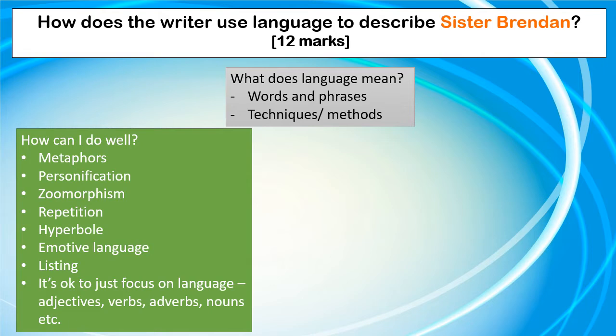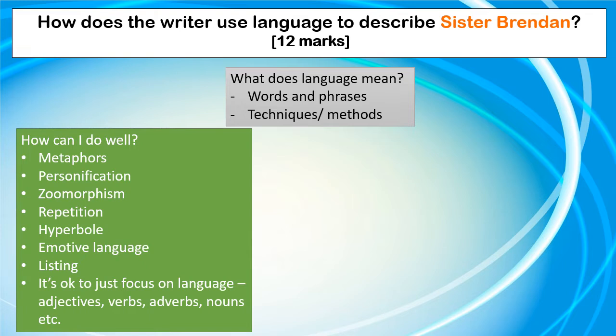So in the green box: metaphors, personification, zoomorphism, repetition, hyperbole, emotive language, listing. What you'll see here is these seem like fiction language features, and that's because the papers are something called literary non-fiction, which means they do read a bit like fiction. So all the things that you analyse in language paper 1, they're all relevant. All the terms that we use when we're teaching literature, they're still relevant as well.